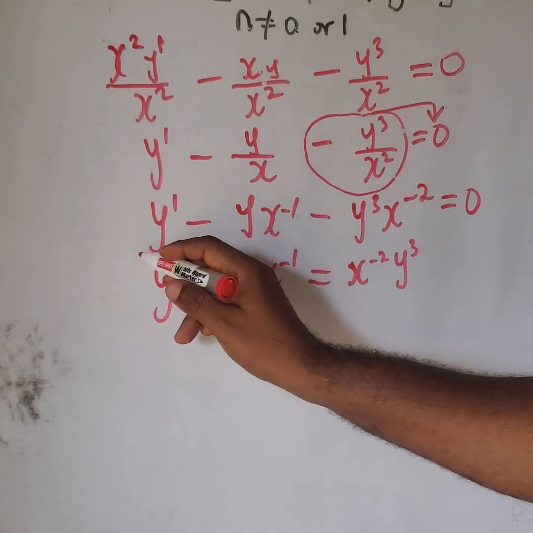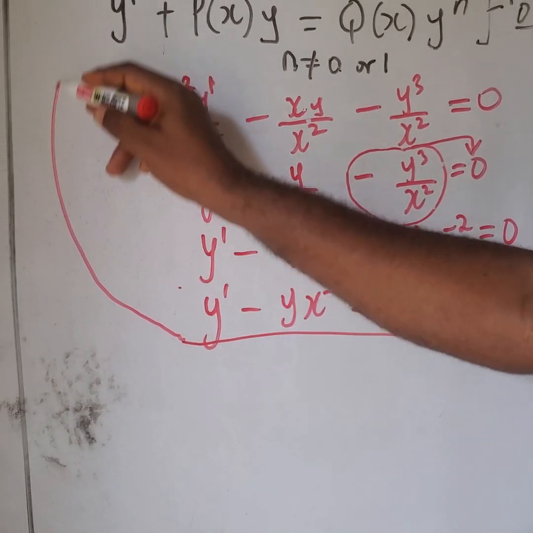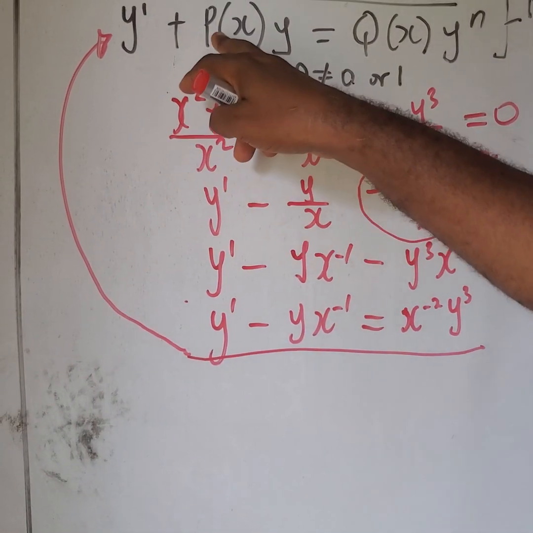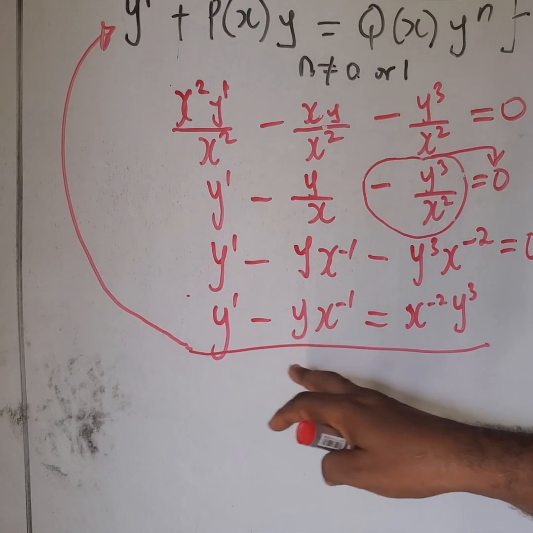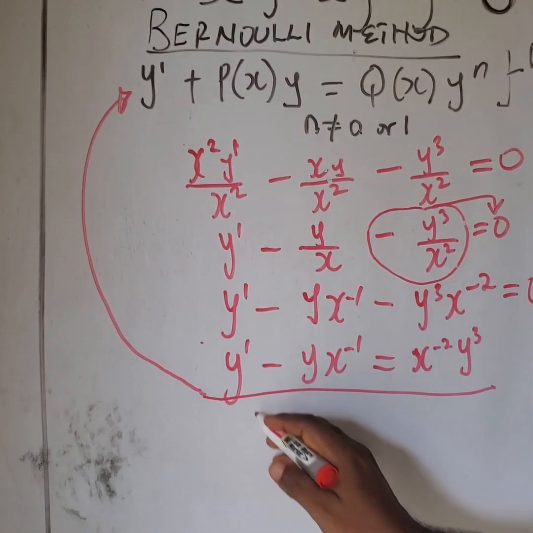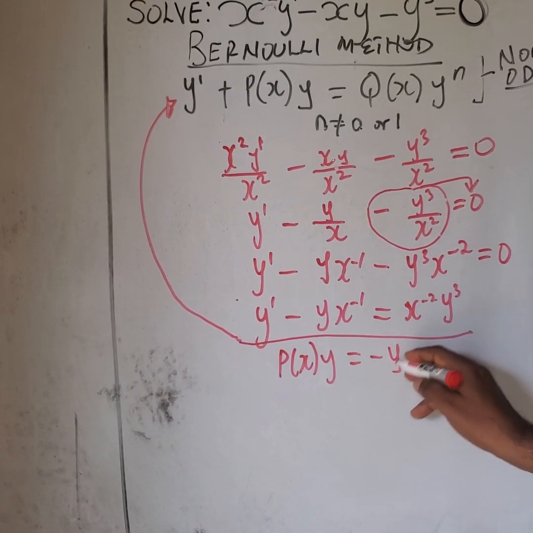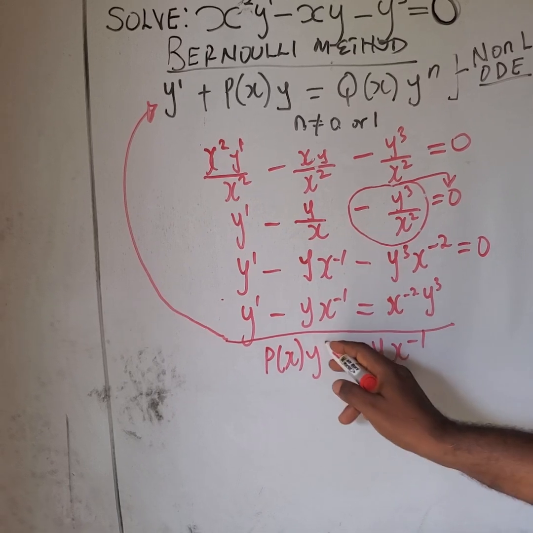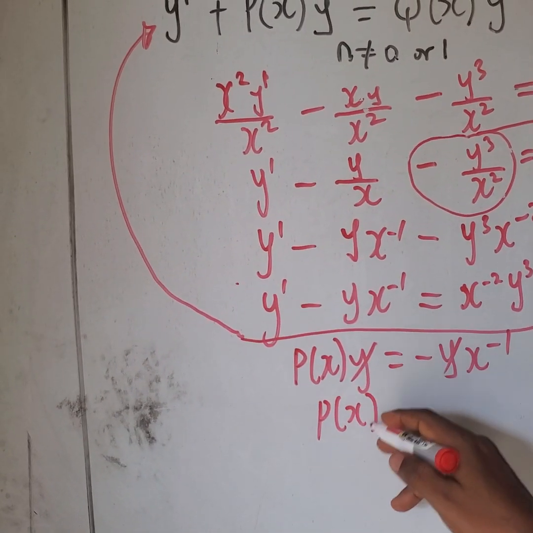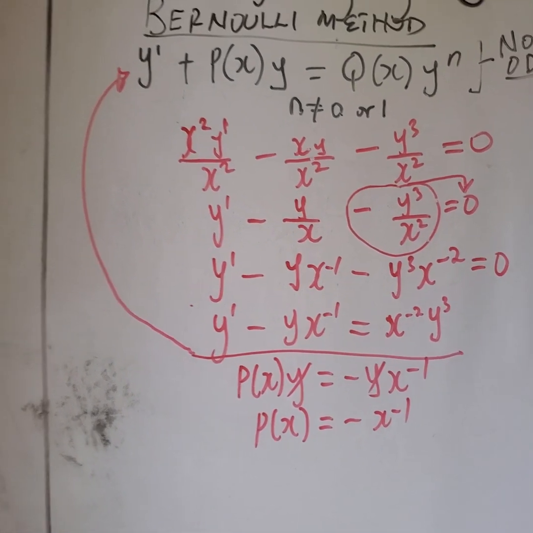Now if you look at this particular expression that I have here, if we compare it to this standard form now, if you relate it, that means this particular p of x times y goes with this. In a nutshell, p function of x times y goes with minus y s raised to power minus 1. So this y cancels this y here. So that means p function of x now will leave minus s raised to power minus 1 behind.